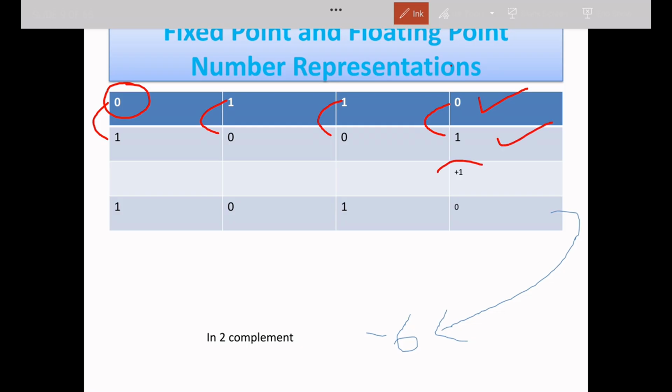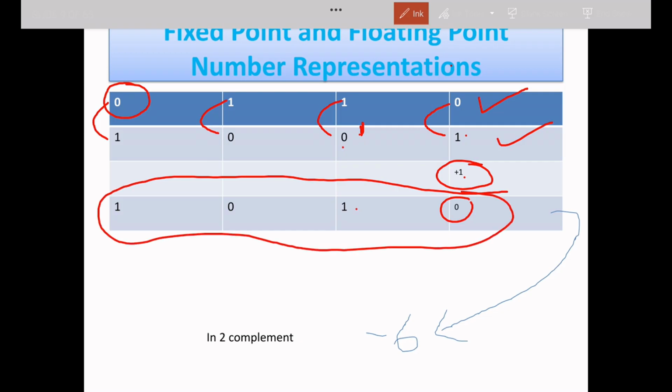After that I am adding plus 1. So 1 plus 1 is equal to 0, carry 1 here. 1 plus 0 is equal to 1 and the remaining are the same. So this is the second complement for plus 6. Getting?